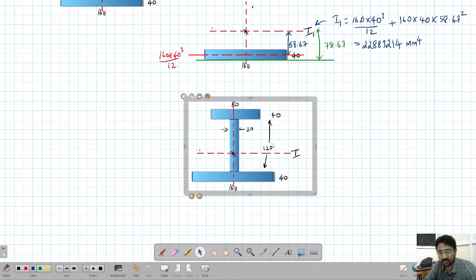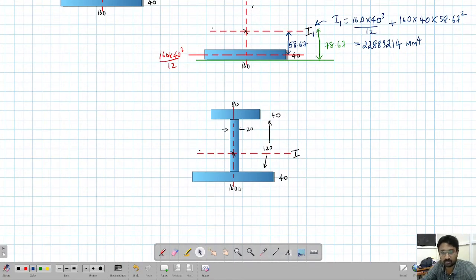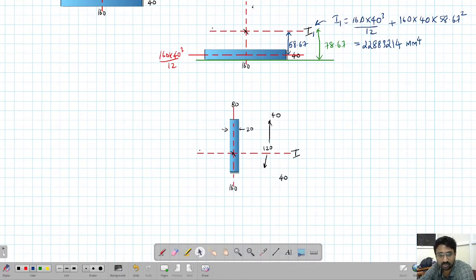So I'll erase this, I'll erase this. Okay. The only thing I should have drawn here is the origin line. This line I have not drawn here. So this line is there.